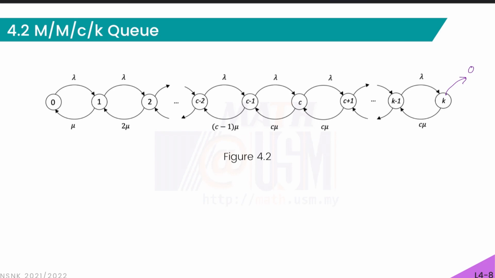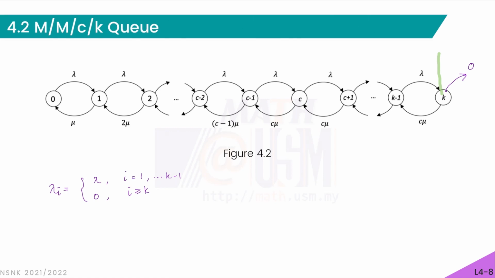So here for M/M/C/K, for the arrival rate lambda_i, you will have two ranges separated here. The value would be lambda for i equals 1 until K minus 1, and the value will be 0 when i is greater than or equal to K. And as for the service rate mu_i, you will have three ranges here.